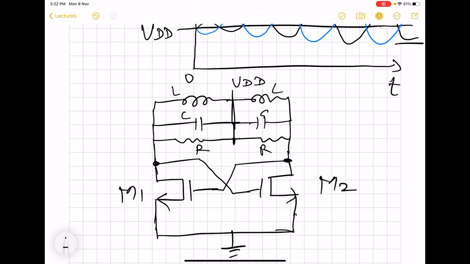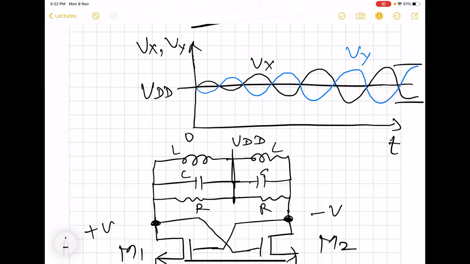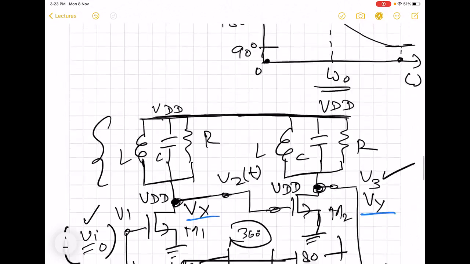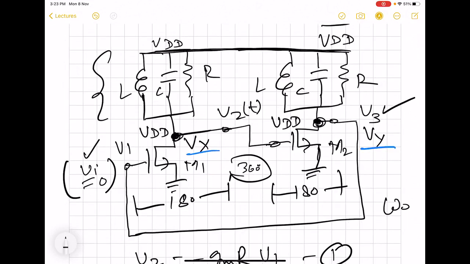And keep in mind that these drains will be of opposite phase. If this is, say, plus V, this is going to be minus V. One of these outputs is called Vx, the other is Vy. We have been calling the drain of M1 Vx and the drain of M2 Vy.